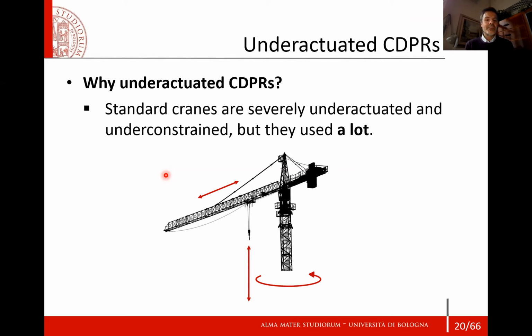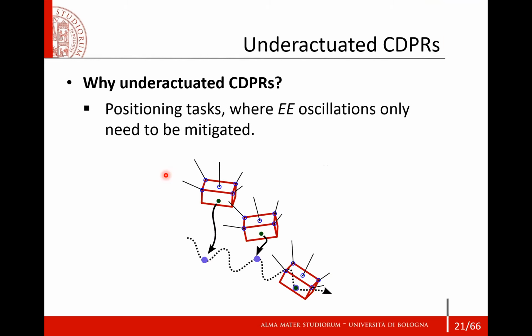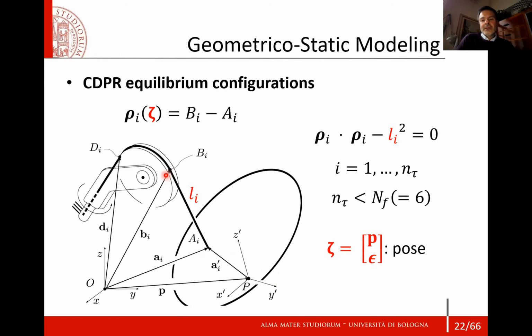Probably we thought that there could be space for systems that were not as underactuated, as under constrained as a single crane, but perhaps showing not so many cables, mainly not all of them around the payload as in academic labs. For instance, they can be used for positioning tasks where the end effector oscillations need only to be mitigated rather than precisely controlled.